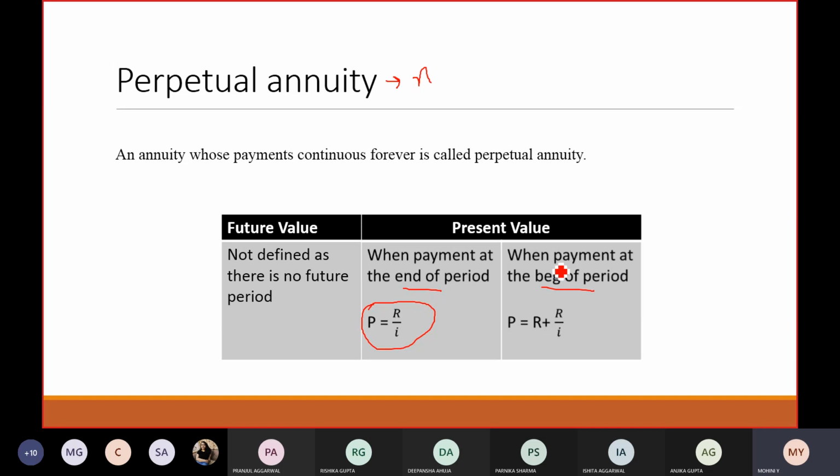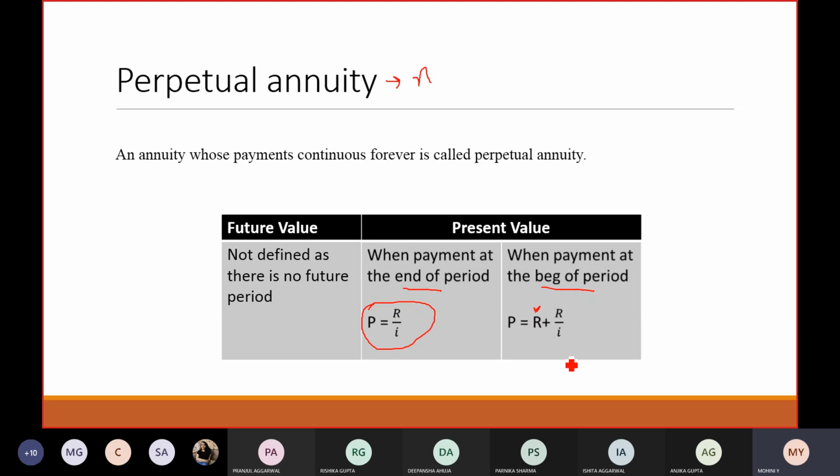But in case the payments are being made at the beginning of period, then you have to add this R. Why this R? Because for any kind of contract, if you are making it at the beginning, so at the beginning means it is at the current date. It means this particular value is already the present value, right? So you will not discount it. Rather, you will just add it.